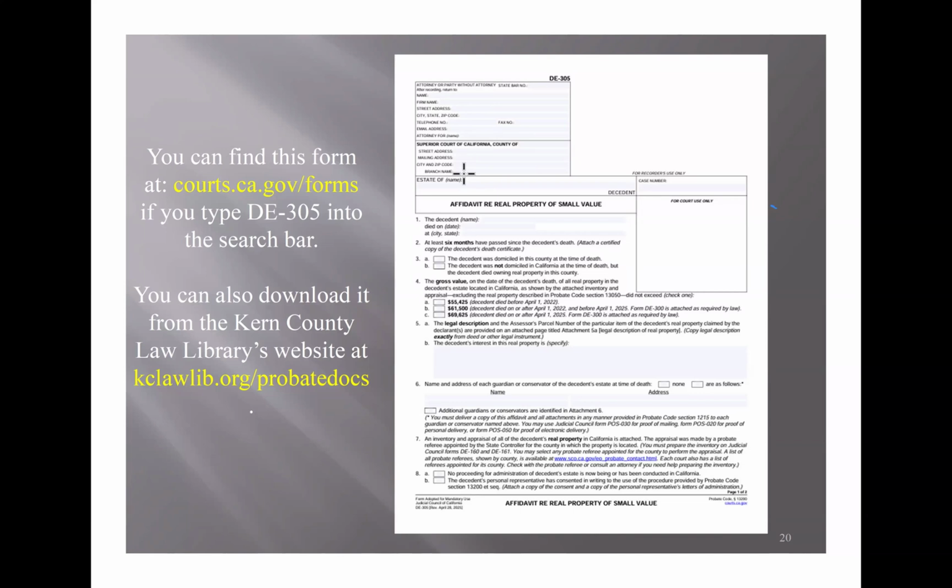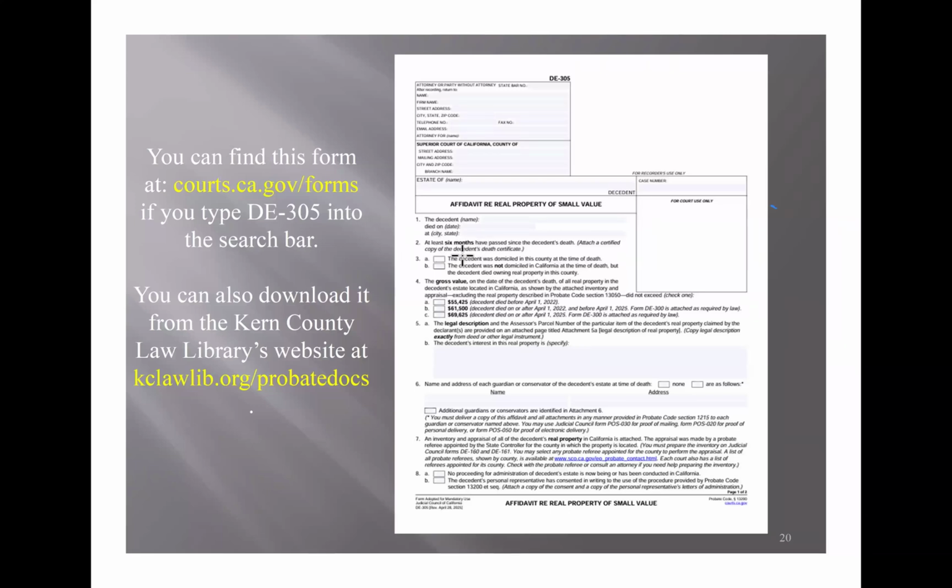You'll put the county and the street address of your superior court, and then you put the name of the decedent. Number one is pretty straightforward. You put the name of the decedent, the date of death, and where they died.